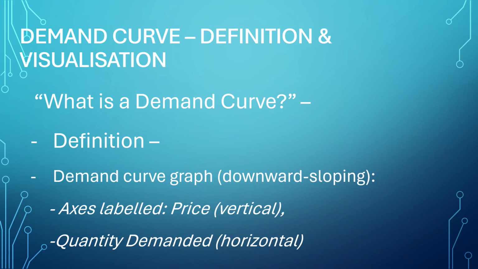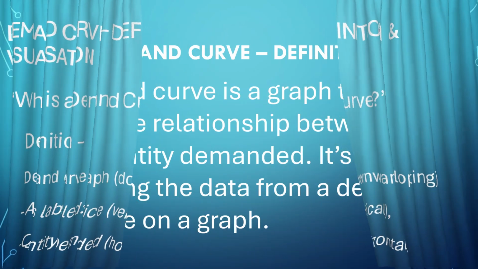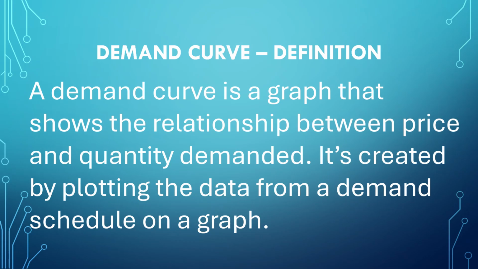When it comes to the diagram or the curve, we are going to see a downward sloping demand curve. The axis label price is the vertical one, while the quantity demanded is labeled on the horizontal or the x-axis.